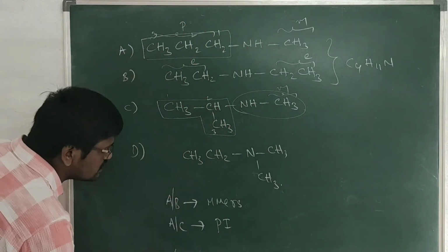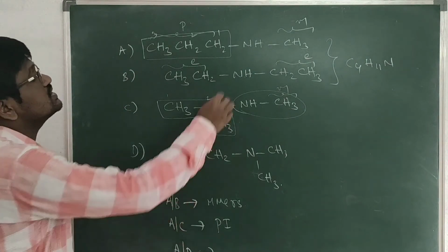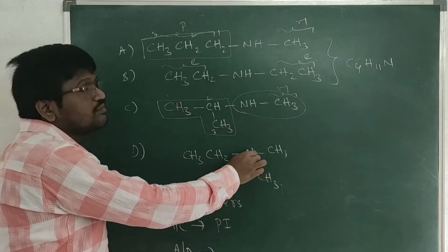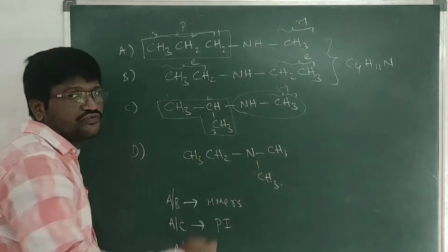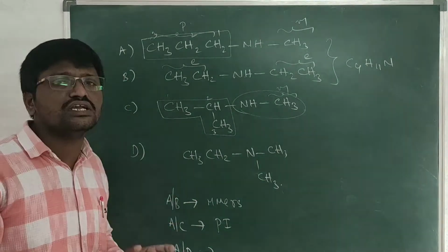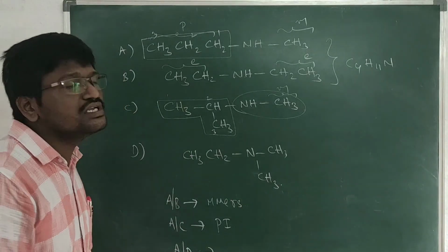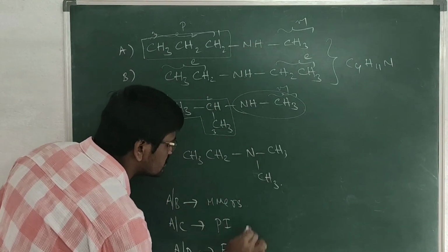Next, if you take A and D, this is the secondary amine, this is the tertiary amine. So in these compounds the functional group is different. To exhibit metamerism, the main important condition is that the functional group should be the same, but here it is different. So these are considered functional isomers.